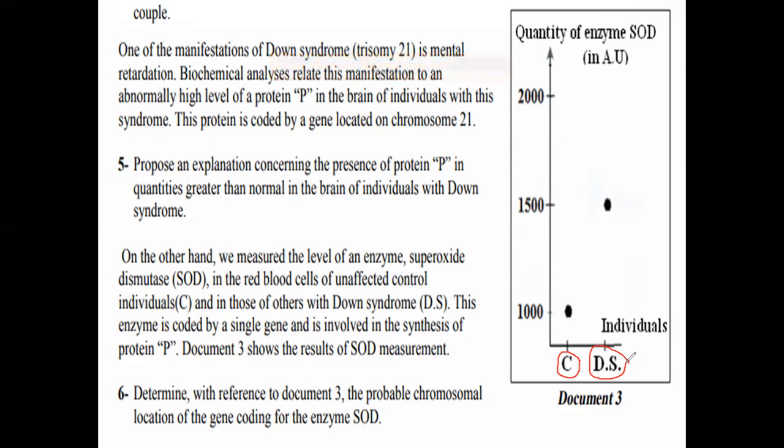Part 6: determine, with reference to document 3, the proposed chromosomal location of the gene coding for the enzyme SOD. First, let's see here in the control individual, meaning the red blood cells of an unaffected individual, what do we have?